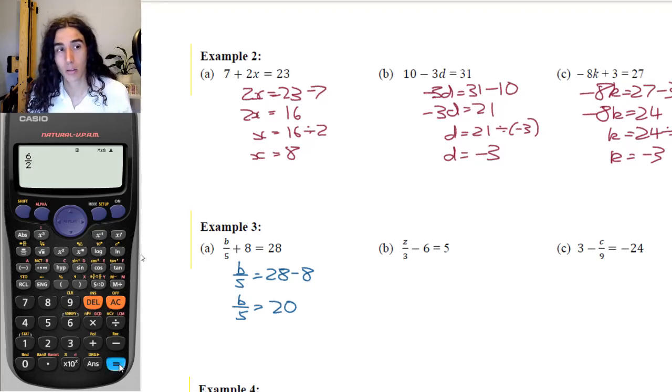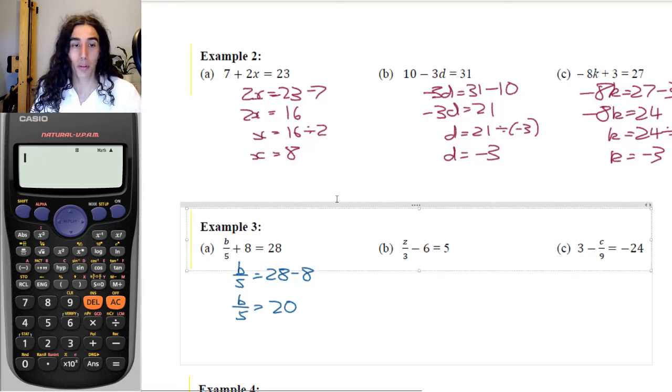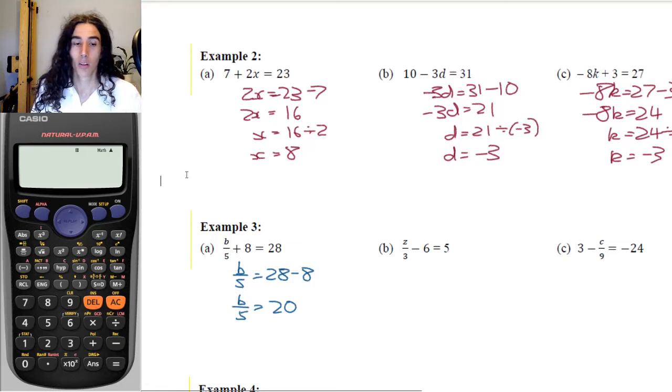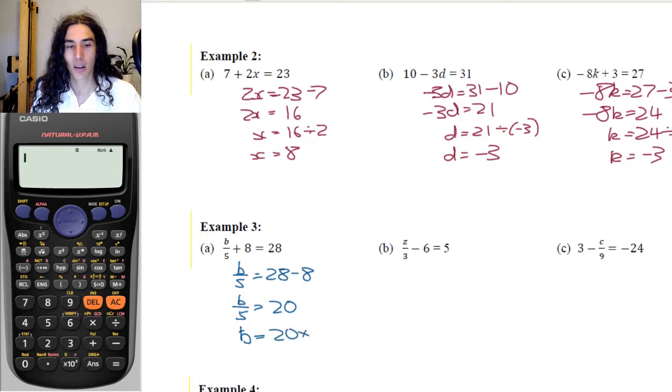It's 3. So 6 over 2, 6 divided by 2, same thing. So when we're doing the opposite, what's the opposite of dividing? Timesing. So at the end, we have to times by 5 gives us 100.